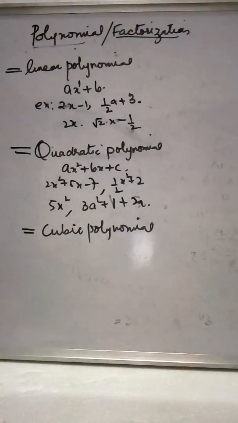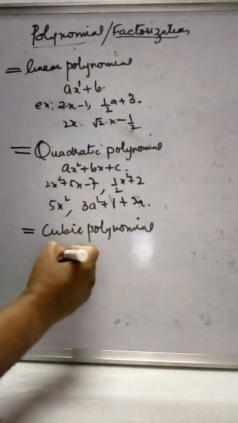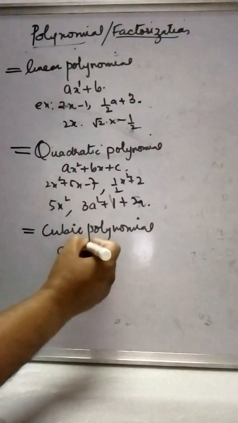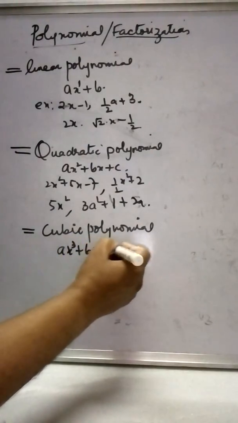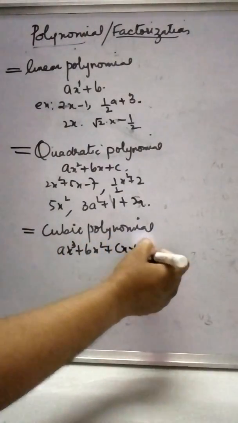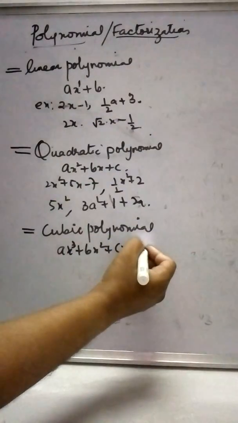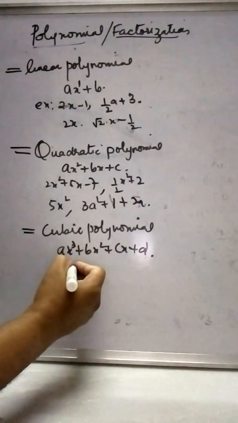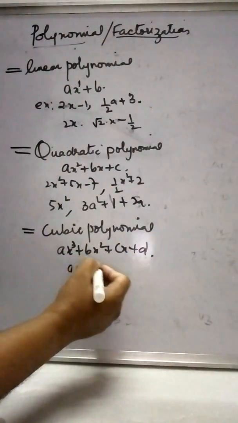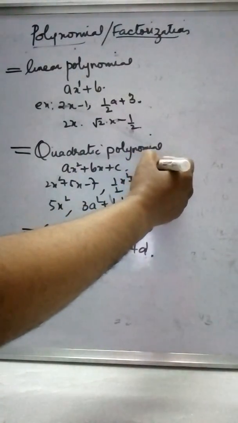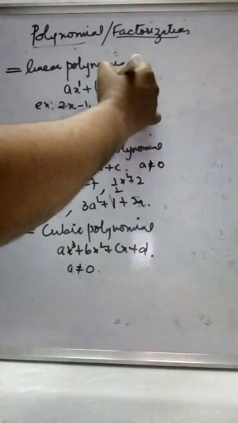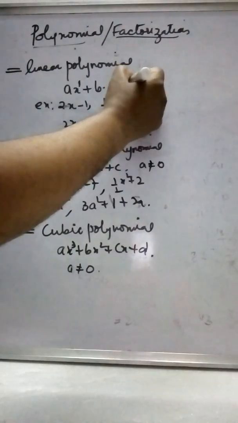Cubic polynomial, I will give you the general form. It is ax cube plus bx square plus cx plus d. So a should not be equal to 0. Here a should not be equal to 0. Here also a should not be equal to 0.